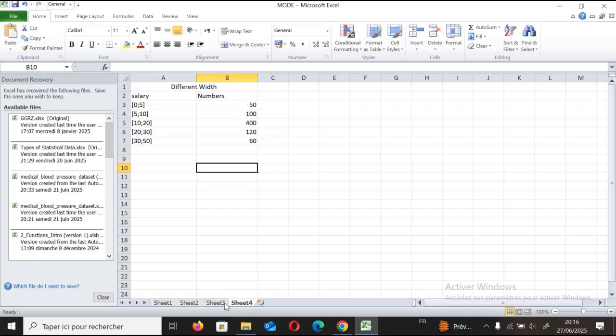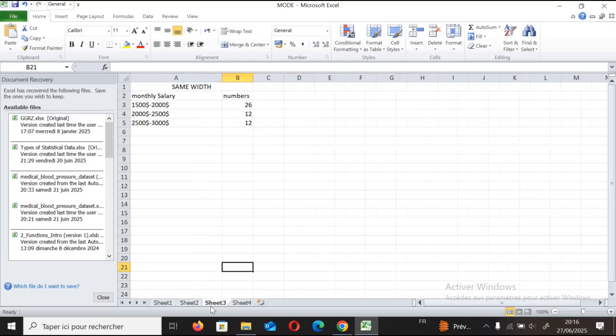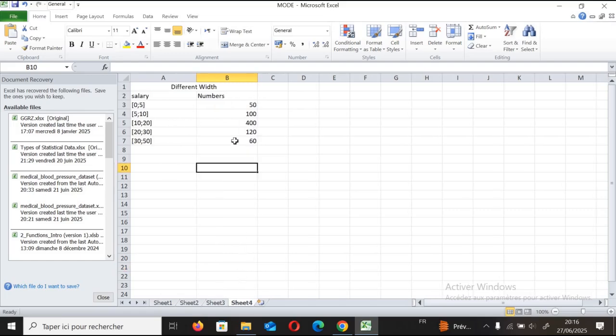So I'm gonna explain the formula for these two categories, where we have a continuous variable with the same width, and how we're gonna calculate the mode for different width. So let's start on our whiteboard.